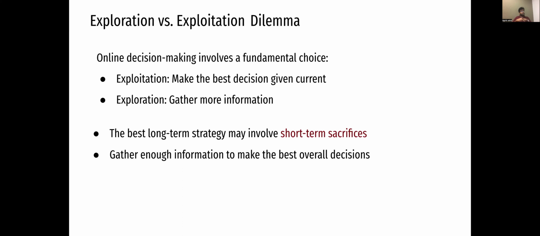Exploitation means making the best decision given the current situation, and exploration means gathering more information. Sometimes the best long-term strategy may involve short-term sacrifices, in order to gather more information to make the best overall decisions. This is exploration: gathering more information.